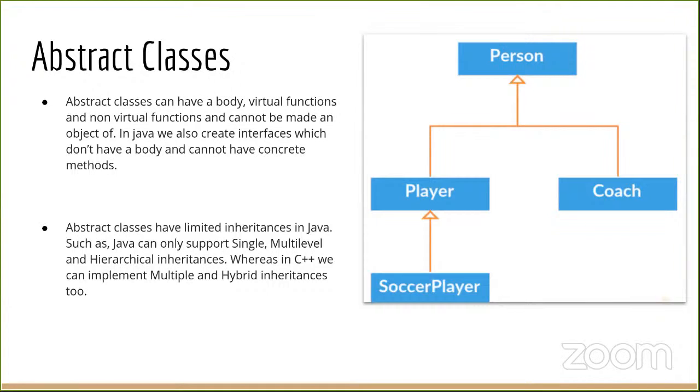So yeah, abstract classes have limited inheritances in Java. There are 5 types of inheritances, which are single, multi-level, hierarchical, multiple, and hybrid. In C++, we can implement all these types of inheritances, including multiple and hybrid. But in Java, we cannot implement multiple and hybrid inheritances because multiple inheritance is not a very good implementation.